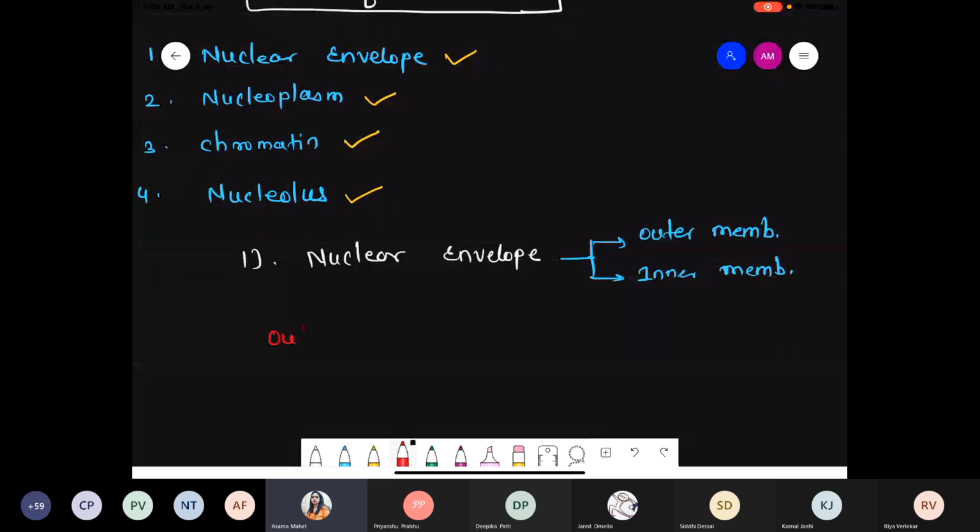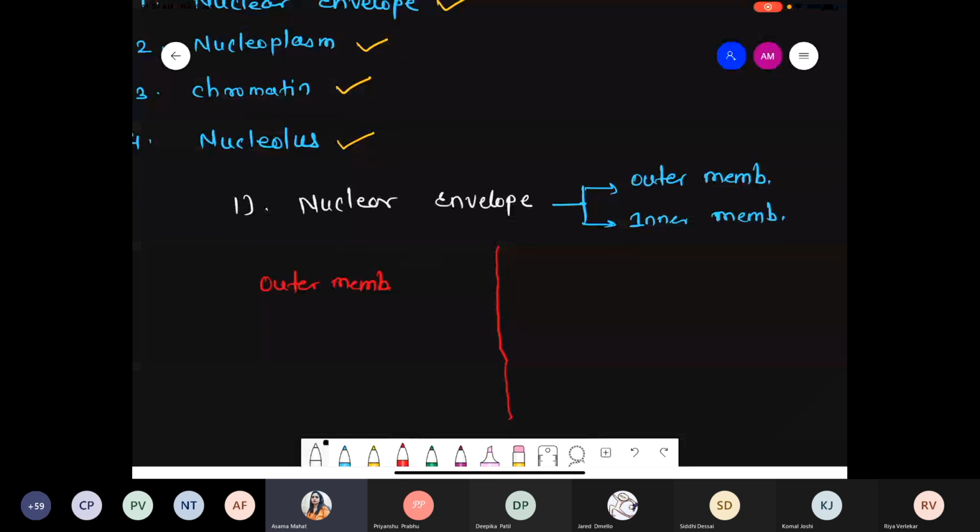Now, first of all, we are talking about the outer membrane. I hope you remember, last class when we talked about the endoplasmic reticulum, we discussed one point. The outer membrane is showing extensions, and they form the rough endoplasmic reticulum because they provide more surface area, so ribosomes can attach and protein synthesis can occur. So the outer membrane can form rough endoplasmic reticulum, and it can also provide an attachment site for the ribosome.